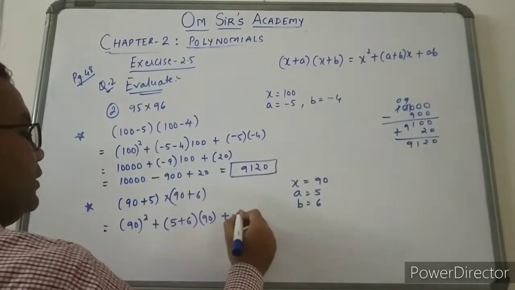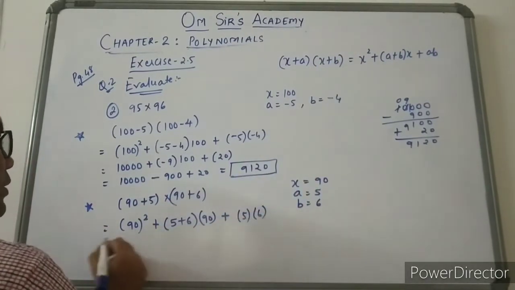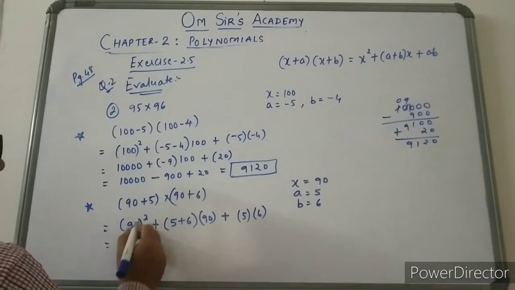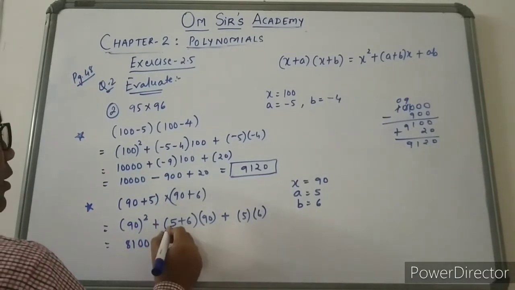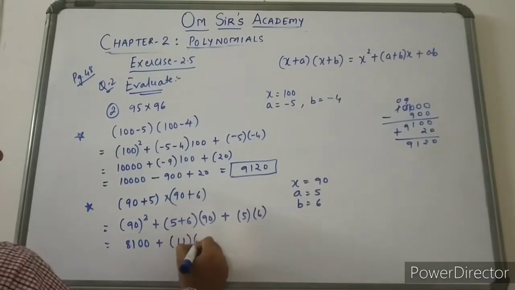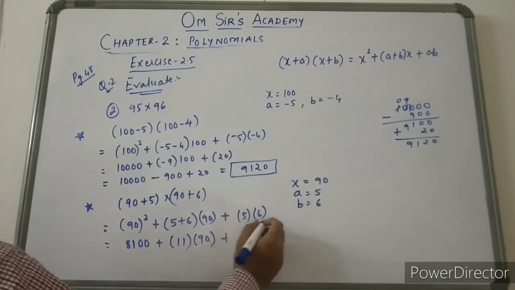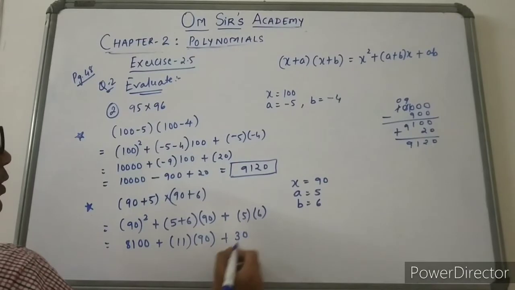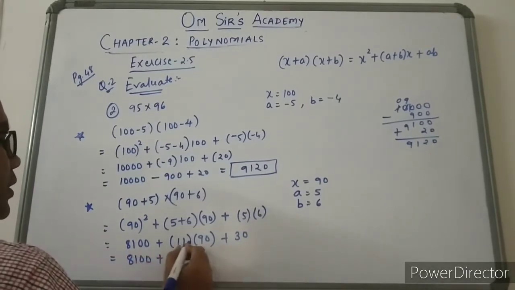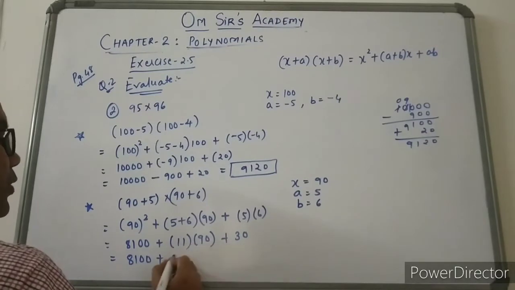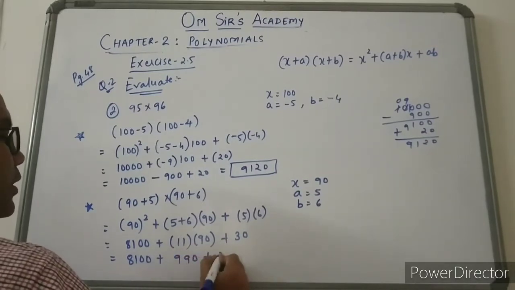plus ab, that is 5 into 6. 9 square is what? 81. So 90 square will be 8100, plus 5 plus 6 is 11 into 90, plus 5 into 6 is 30. Okay, so it will be 8100 plus 11 9s are 99 into 10 is 990 plus 30.